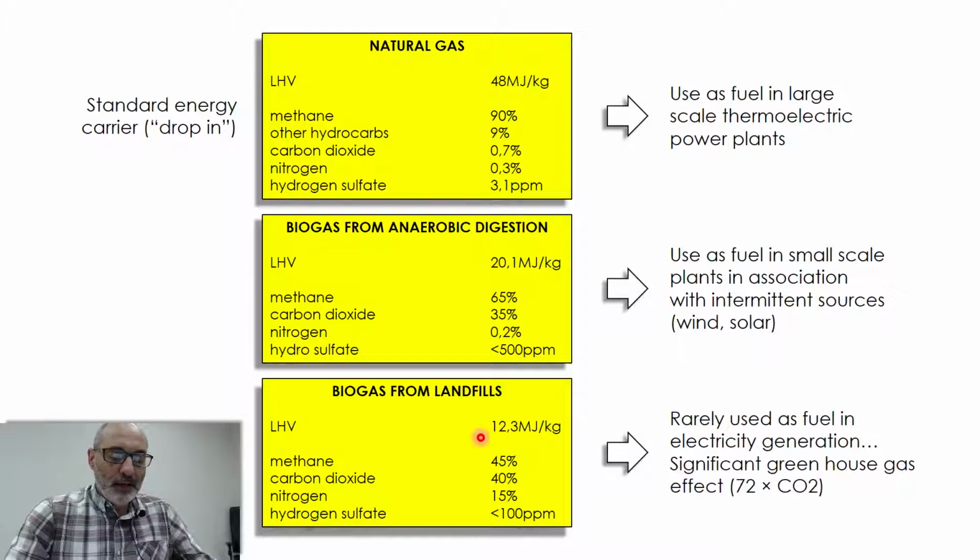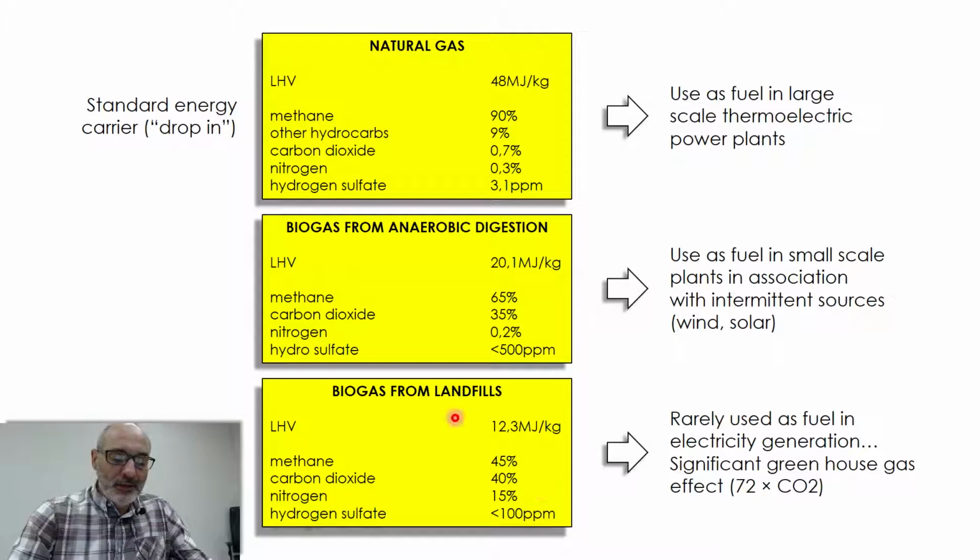The heating value is very, very low because there is almost more carbon dioxide than methane, a lot of nitrogen, and a lot of hydrogen sulfide.